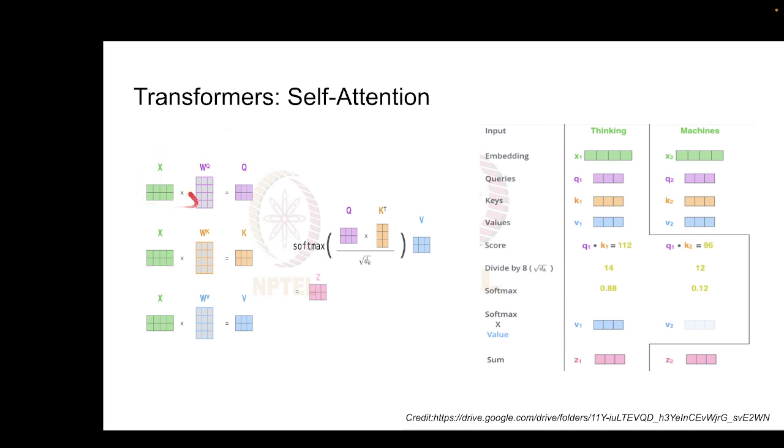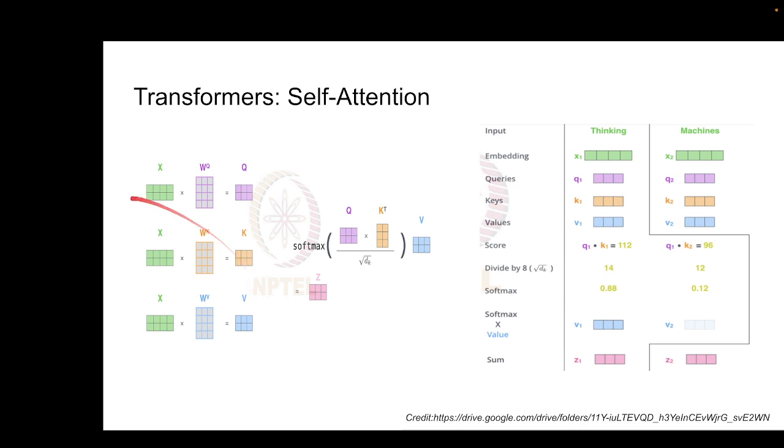In other words, generally when we do attention on image captioning or other tasks like neural machine translation, we get the query from one space, and key and value from the other space.